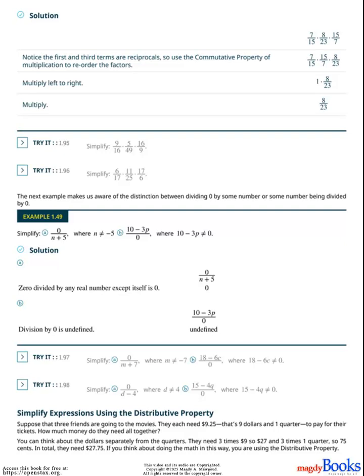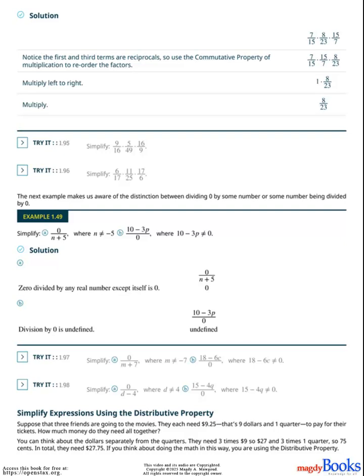The next example makes us aware of the distinction between dividing 0 by some number or some number being divided by 0. Example 1.49. Simplify. A. 0 over n plus 5, where n does not equal negative 5. B. 10 minus 3p, all divided by 0, where 10 minus 3p does not equal 0.